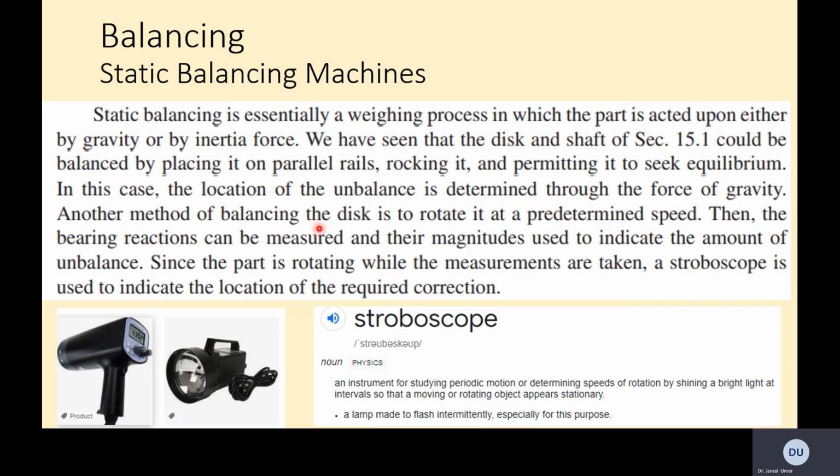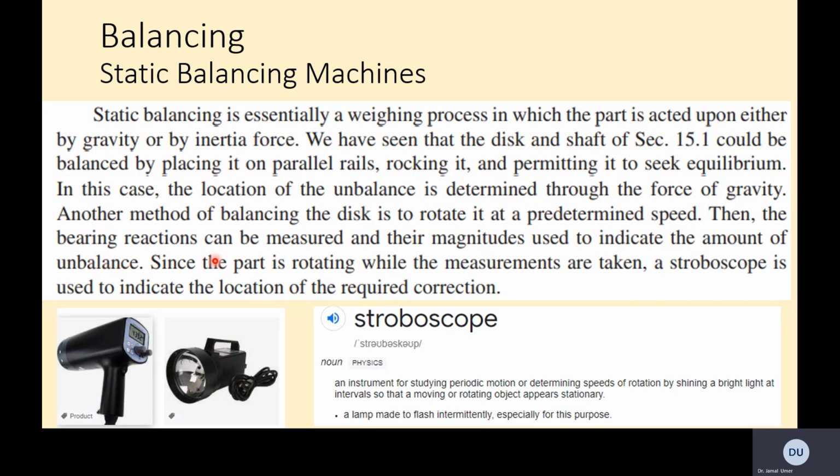Another method of balancing the disc is to rotate it at a predetermined speed. You rotate the disc at some certain speed, then the bearing reaction can be measured. You find the bearing reaction, what's happening in the bearing, and its magnitude is used to indicate the amount of unbalance.